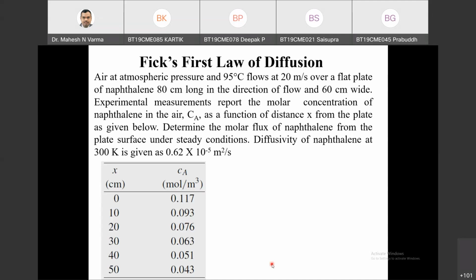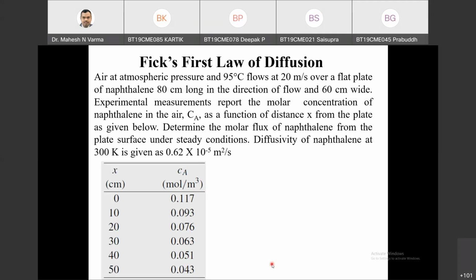So at 300 Kelvin diffusivity is given, and you need to estimate the diffusivity at 388 Kelvin from the relation. It is directly proportional to temperature raised to 3 by 2. So estimate the diffusivity at 95 degrees Celsius.